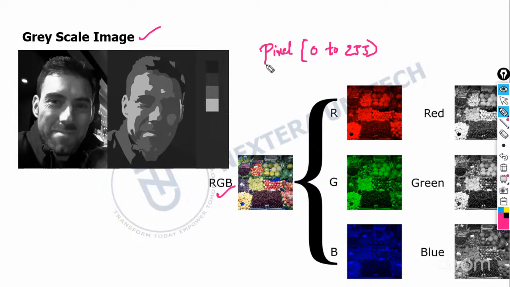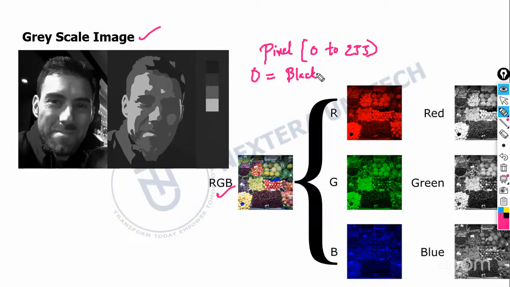You cannot have a negative value for a pixel, and you cannot have a value greater than 255 in a grayscale image. So what exactly does this range represent? What does 0 represent in a grayscale image? 0 represents black color.